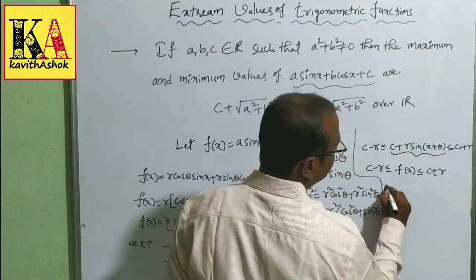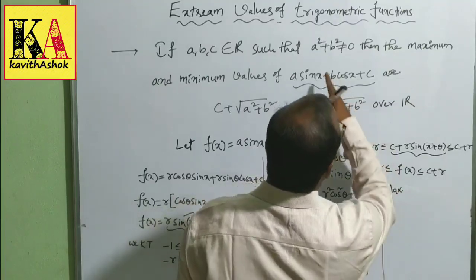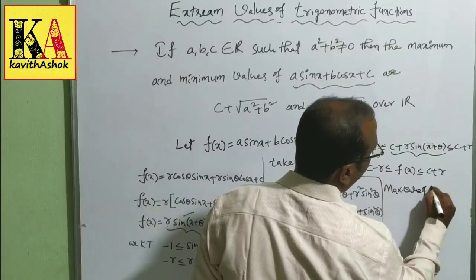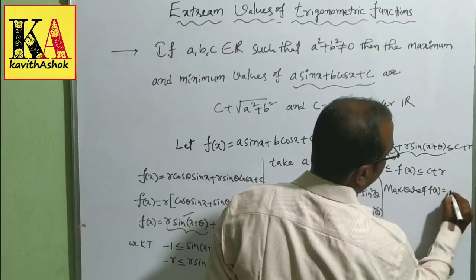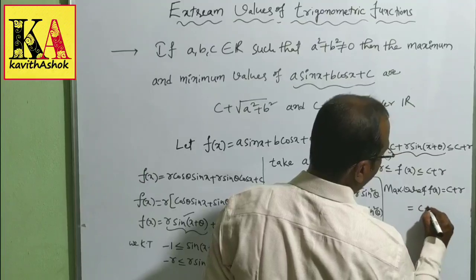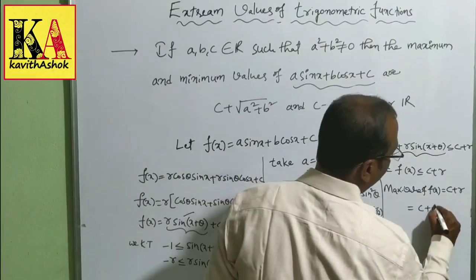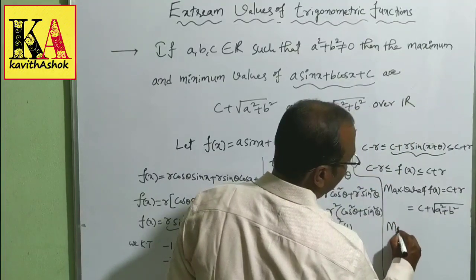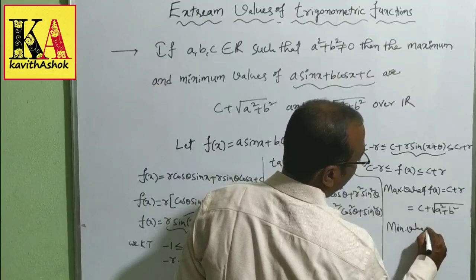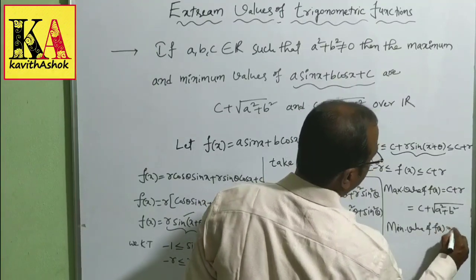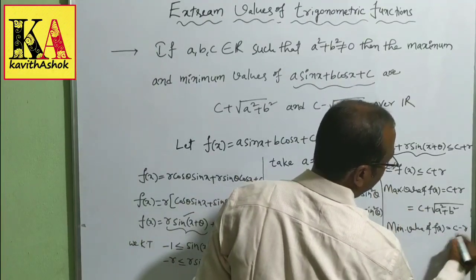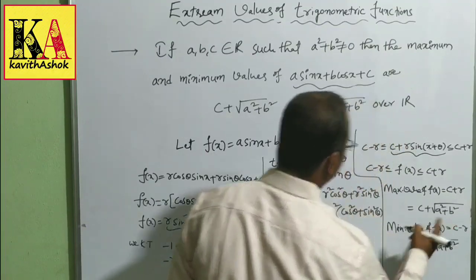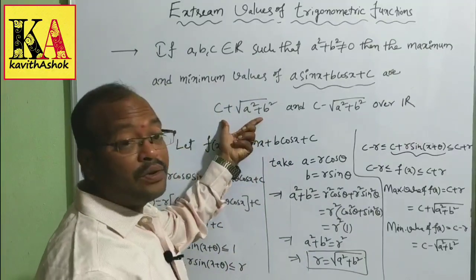So the maximum value of f of x is equal to c plus r, which is nothing but c plus under root of a square plus b square.